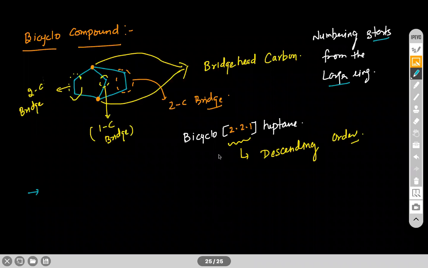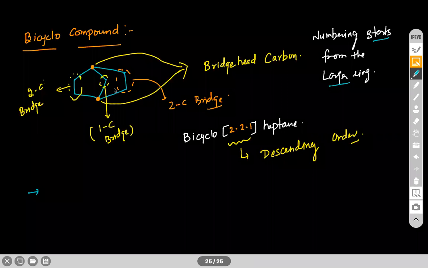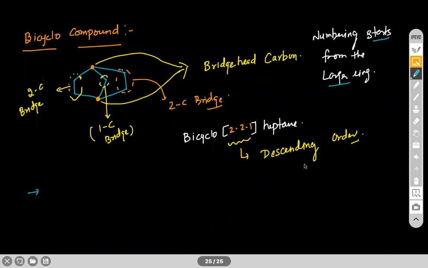So we'll write bicyclo, open bracket, and the total number of carbon atoms gives you the root word here, that is 7. Now the numbers we'll write here are the number of carbon atoms in the bridges. Like we have 2 carbon atoms here, 2 carbon atoms here, and 1 carbon atom.